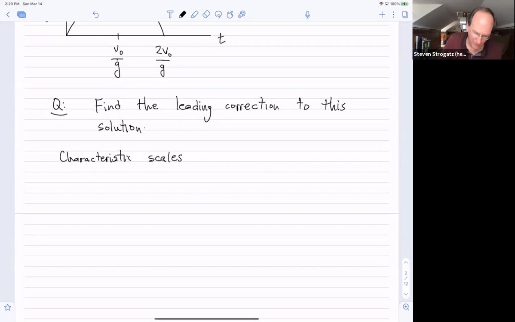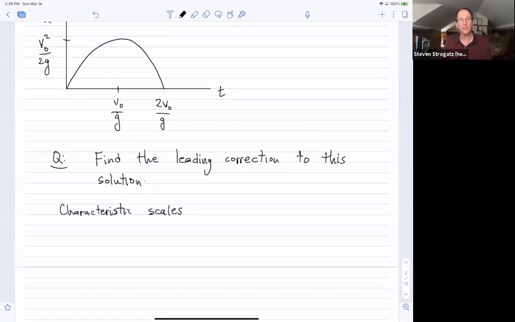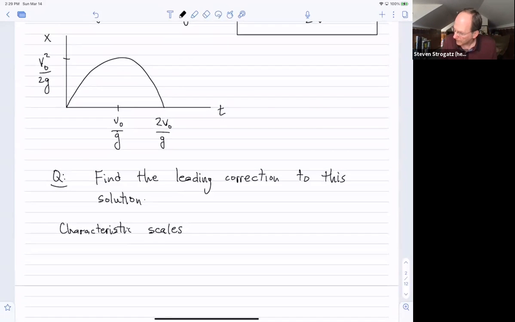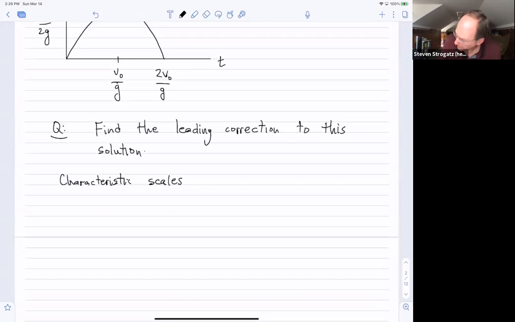Our picture above actually shows us what those characteristic scales are. You could think of it this way: a characteristic scale for the time, so I'll call it TC, and for the upward distance traveled XC.